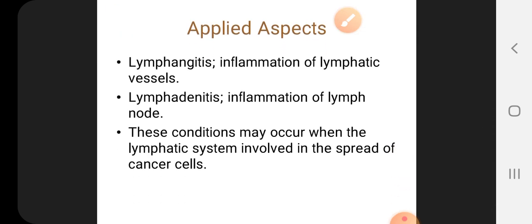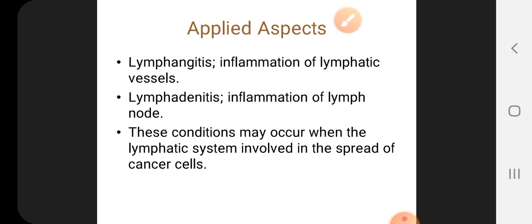Applied anatomy: what happens if the lymph nodes get inflamed? That condition is called lymphadenitis. Adeno means gland, so lymph gland or lymph node. Inflammation of a lymph node is called lymphadenitis. Inflammation of lymphatic vessels is called lymphangitis.